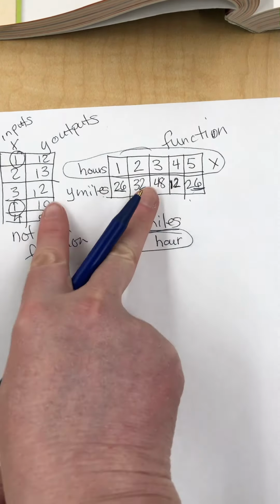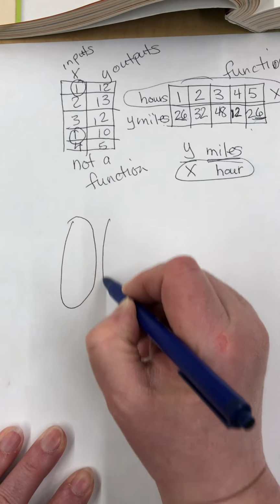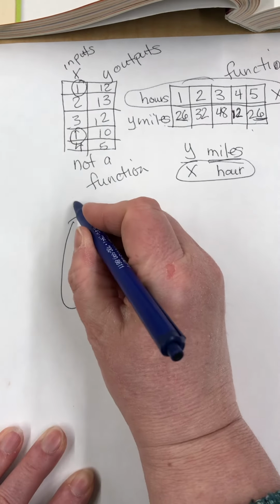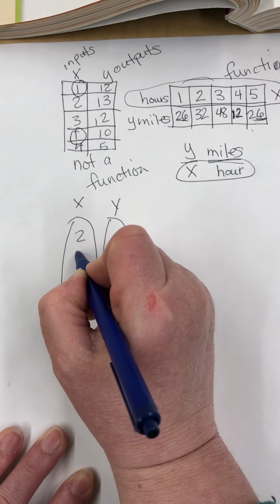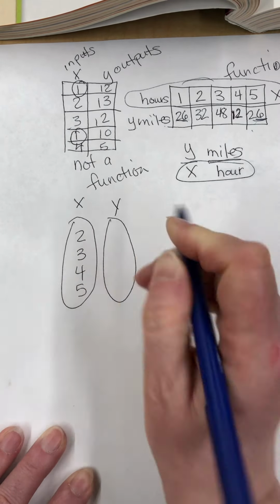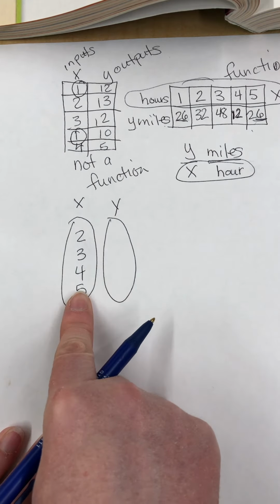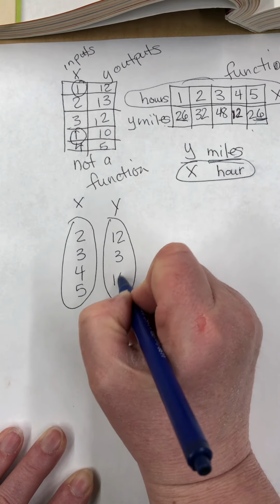Okay, so you might have tables. You might have what's called a mapping diagram with the ovals, and remember that the thing on the left is the x, even if they don't label it, and the one on the right is the y. So they're gonna give you numbers. Just looking at the numbers doesn't mean this is a function because you don't see repeating. What you're looking for is the arrows. Let's say we had 12, 3, and 16.